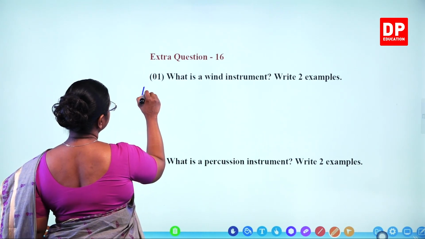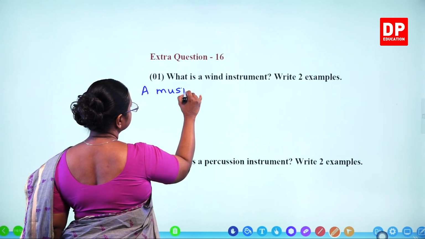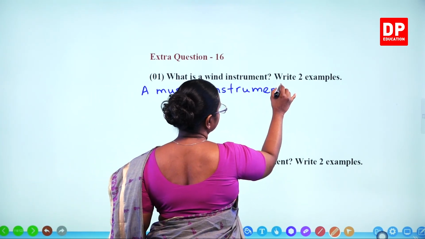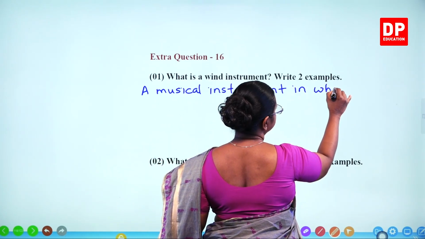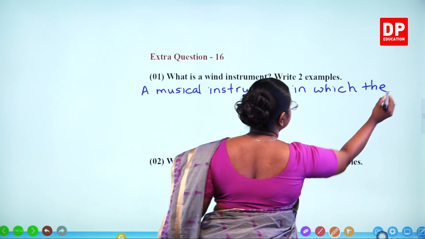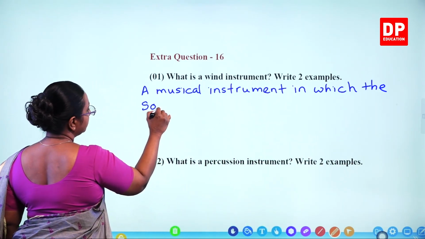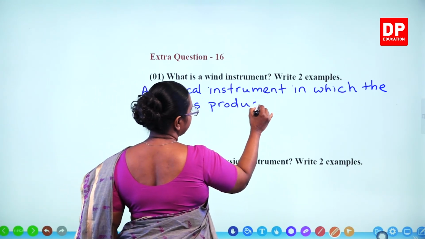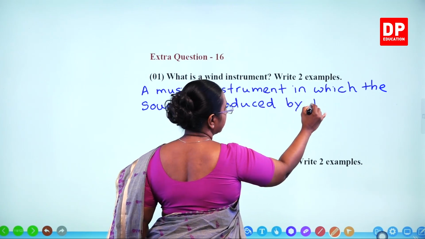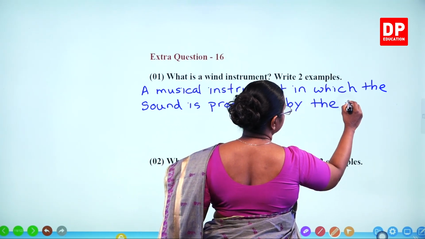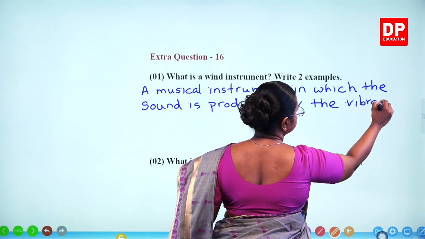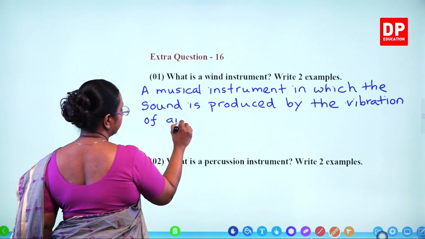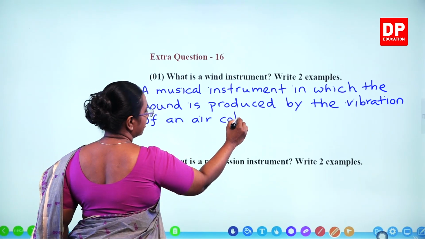So here, a musical instrument in which the sound is produced or generated, you can say, by the vibration of an air column.